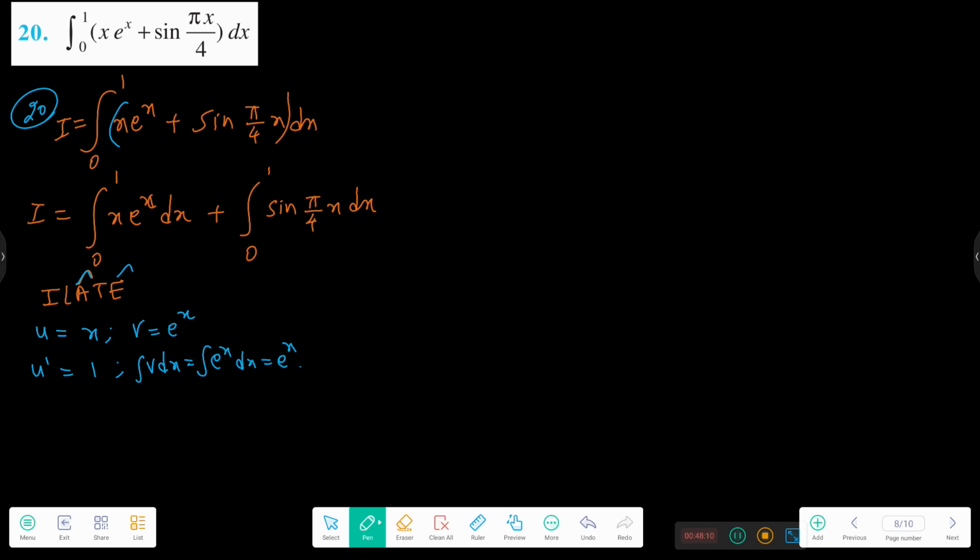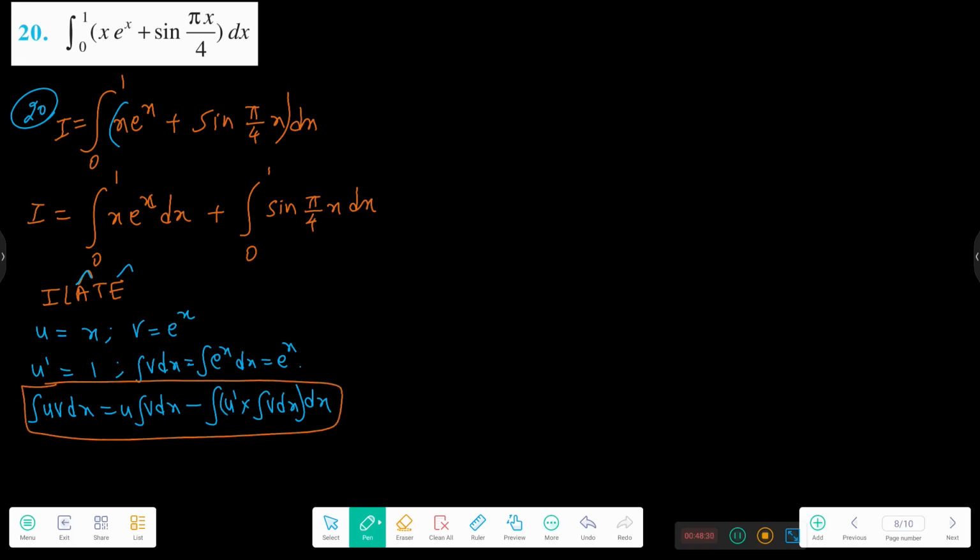Now apply in the formula. Formula: integral uv dx is equal to u into integral v dx minus integral u dash into integral v dx overall dx. This is the formula which I am going to use for the first one.